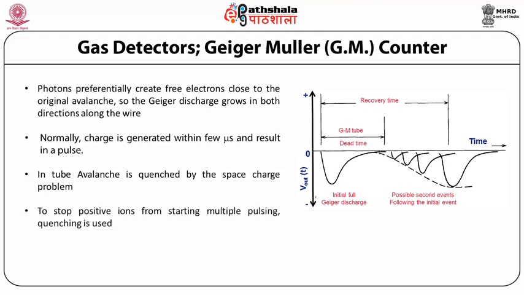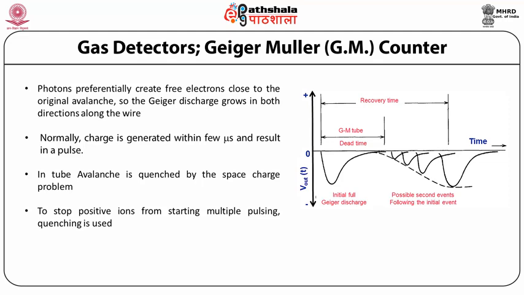To stop positive ions from starting multiple pulsing, quenching is used. As we have seen, the space charge problem is there and the number of ions created is very large. To avoid these large numbers of charged ions creating further avalanches, a quenching process has to be applied. That is, they need to be neutralized.